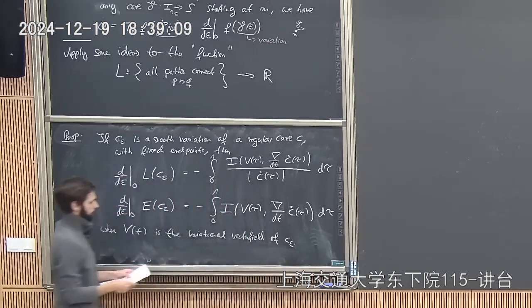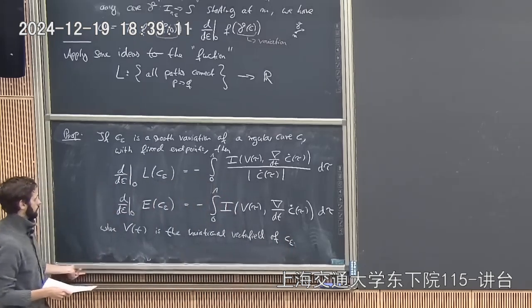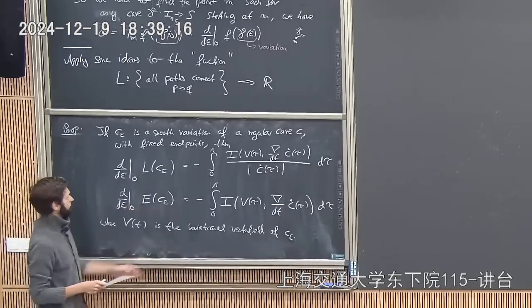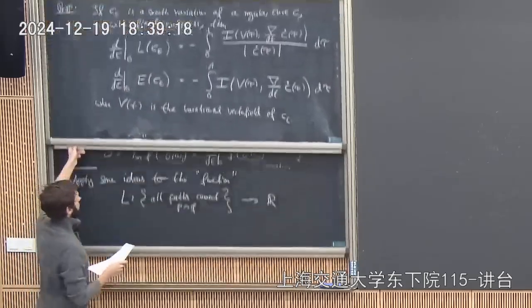So it's the epsilon derivative at 0. So those are the formulas that we would like to calculate.